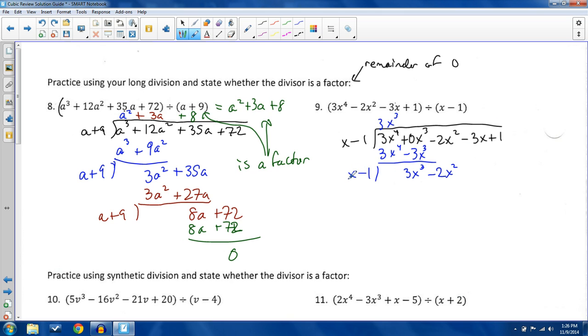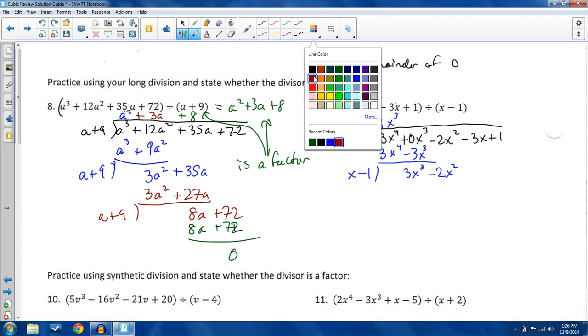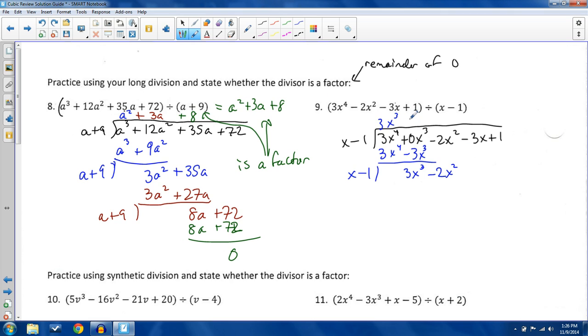X goes into 3x cubed 3x squared times. So that'll give me 3x cubed. Negative 1 times 3x squared is negative 3x squared. That'll give me 0. And negative 2x squared minus negative 3x squared is a positive x squared.